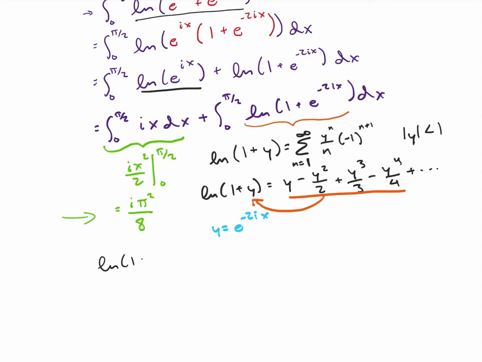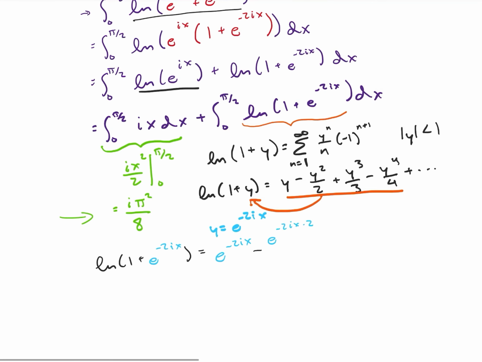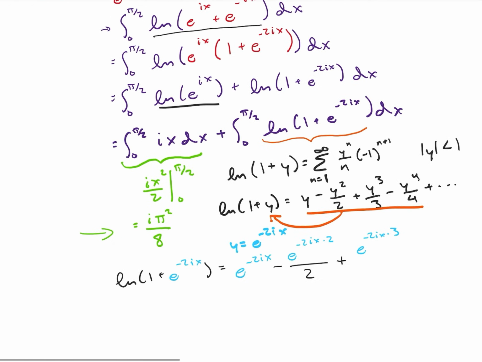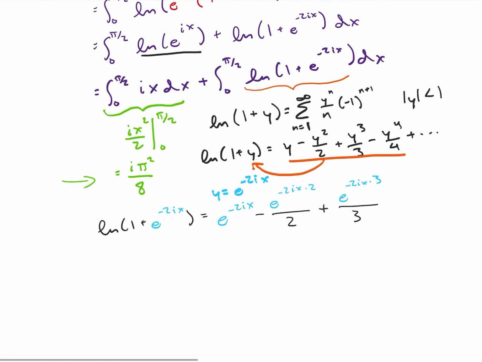So ln of 1 plus e to the negative 2ix is going to equal e to the negative 2ix, minus e to the negative 2ix times 2 divided by 2, plus e to the negative 2ix times 3, because I'm cubing it, divided by 3, minus e to the negative 2ix times 4 divided by 4, and so on. So I have those terms going to the right.